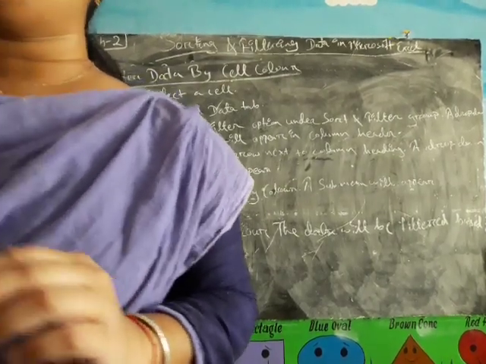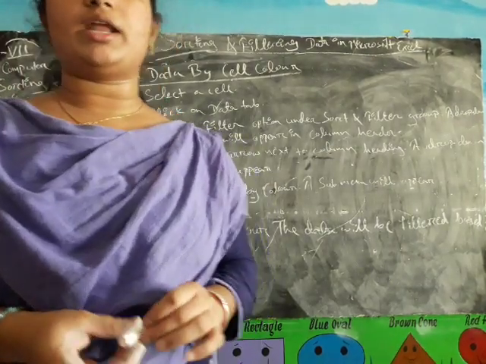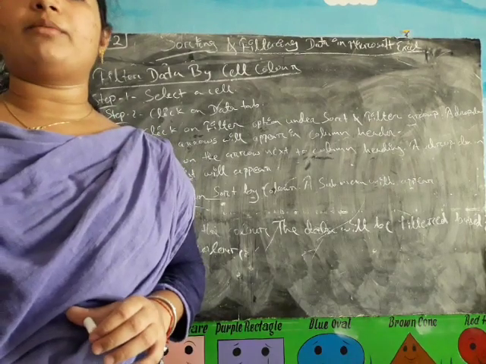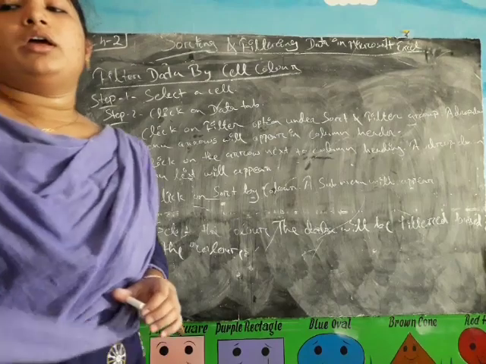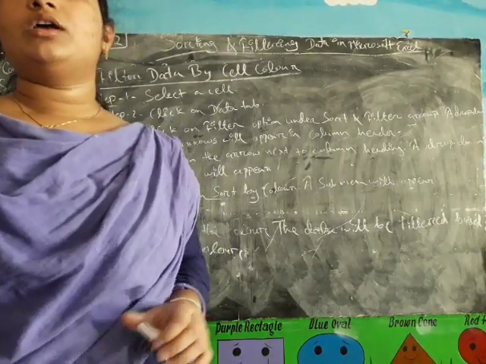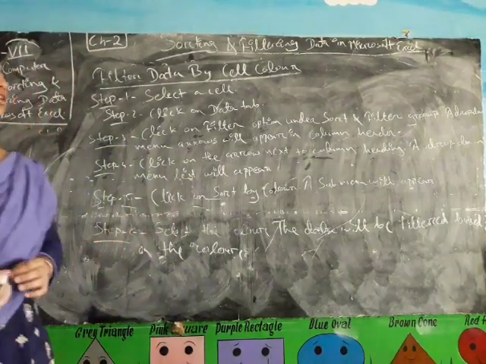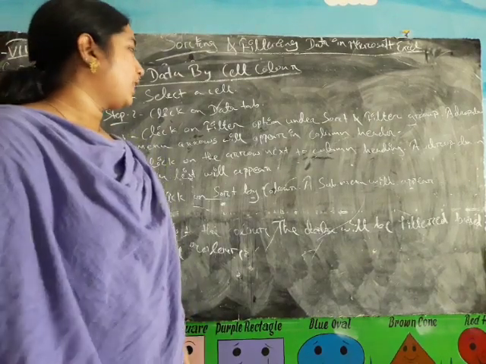So today we learned how to select a record, how to select a field, sorting data and sorting the data by multiple columns, and filtering data and conditional formatting, and sorting data by cell color and filter data by cell color. So students, this is a practical based chapter.